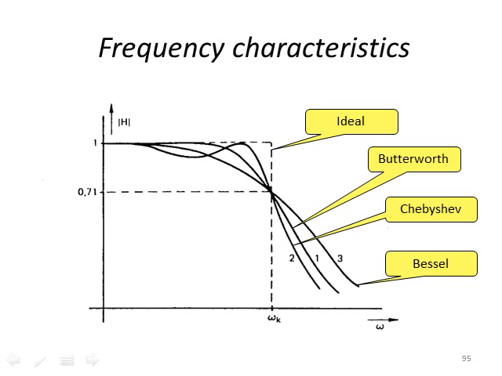You can see the Butterworth has the flattest pass band. The Chebyshev has the steepest response, and then the Bessel is located at number 3.